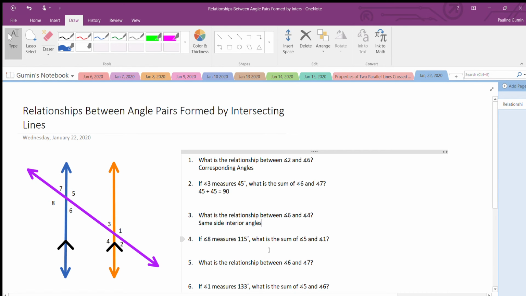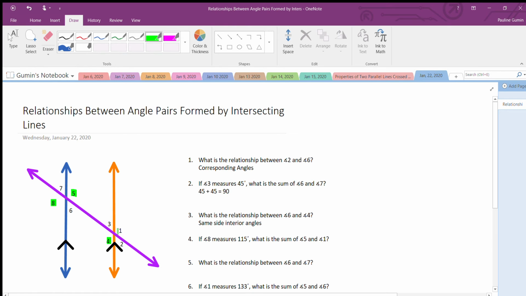All right, number 4. If angle 8 measures 115 degrees, what's the sum of angle 5 and angle 1? Again, let's see what angle 8 actually tells us. If angle 8 is 115, so is 5 because they're vertical angles. We have 8 corresponding with 4, so that's 115 degrees.